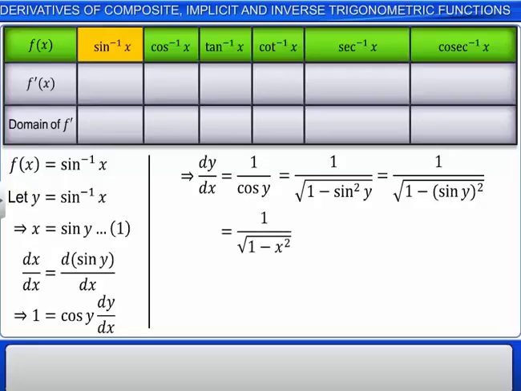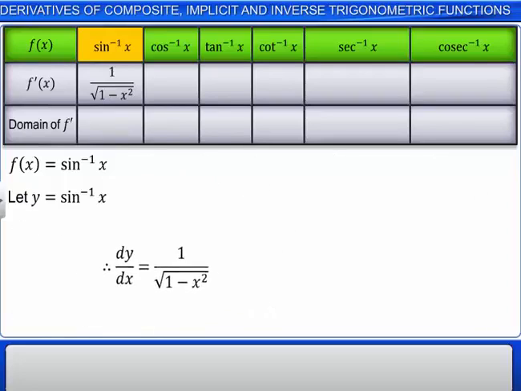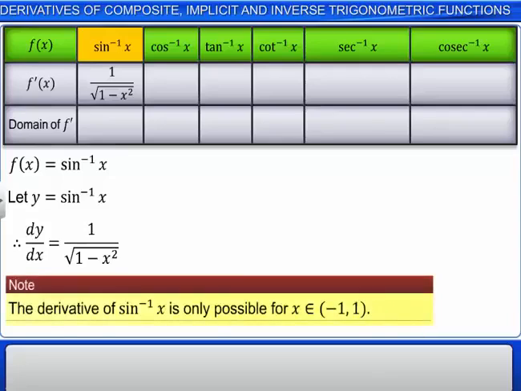Therefore, dy by dx is equal to 1 divided by the square root of 1 minus x squared. The derivative of sine inverse x is only possible in the open interval -1 and 1.